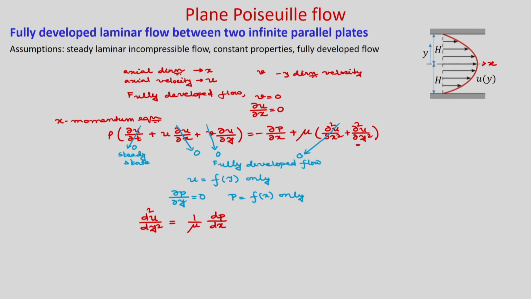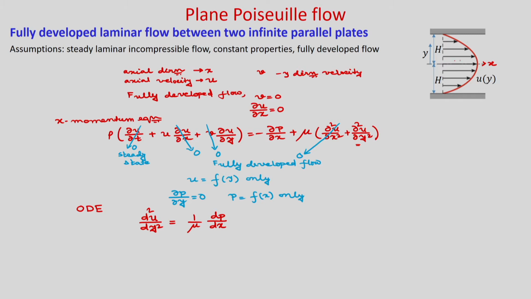So, now you got an ordinary differential equation. We started with the partial differential equation, but invoking the assumptions and putting some terms 0, you got the ordinary differential equation. Now, with proper boundary conditions, you will be able to integrate this ordinary differential equation.